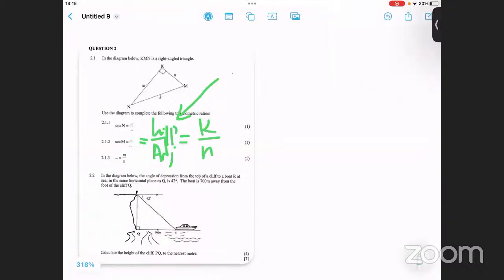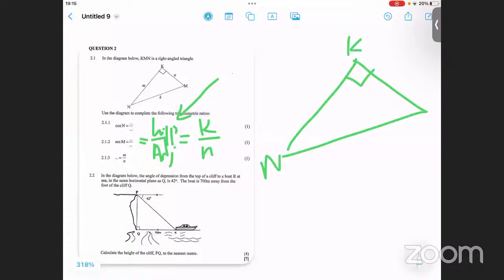So let's check it out. Now you've got K there, you've got N, you've got M there. What you need to do is know where your reference angle is. Remember, the side opposite the 90 degrees will always remain the hypotenuse, so that doesn't change. But what changes is where the angle is.